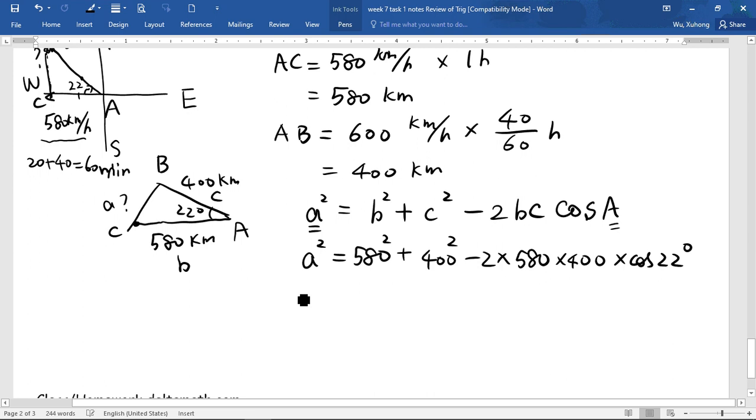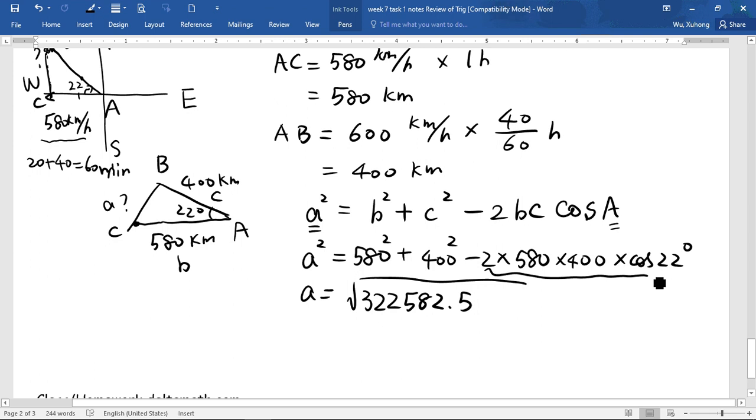Get your calculator out. You will have A equals the square root of, type in everything. Remember, this is multiplication, so don't add these two then minus this; you need to multiply these together first.